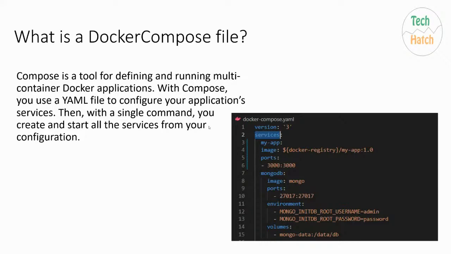Like I previously mentioned, the Docker Compose file is written in YAML. If we have multiple services, like my app, which is our application, and a MongoDB as our database, we can run all of these things with a single command.